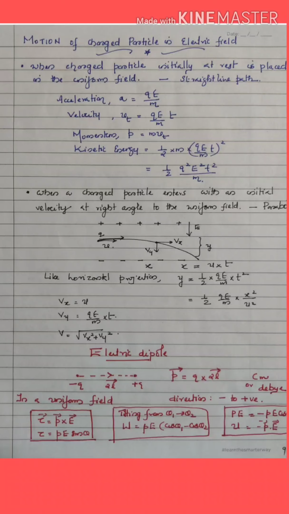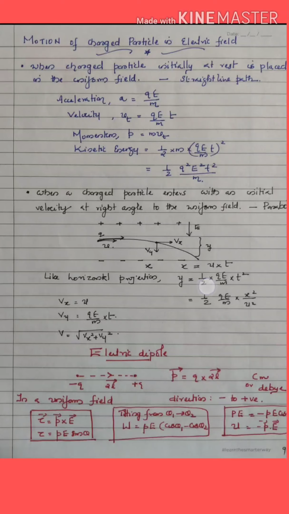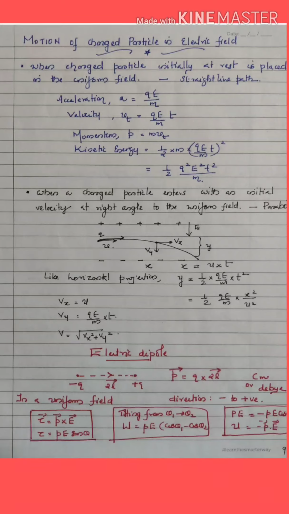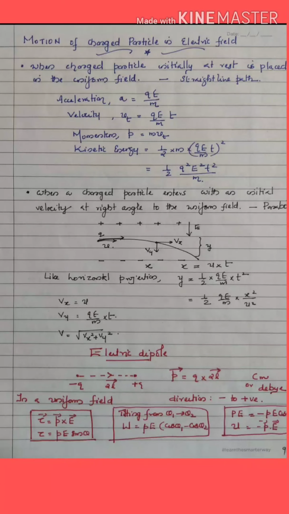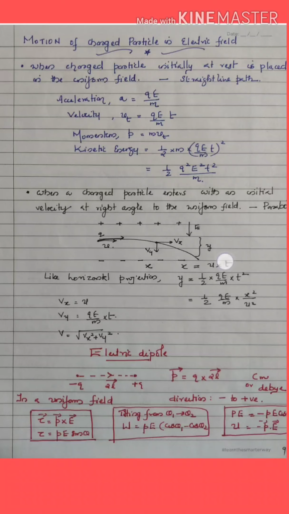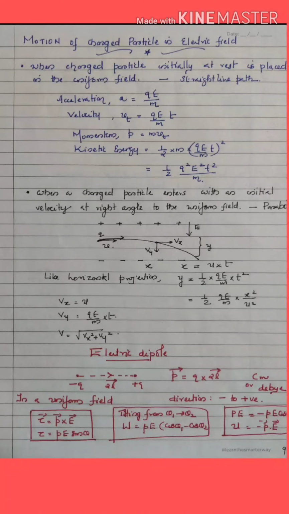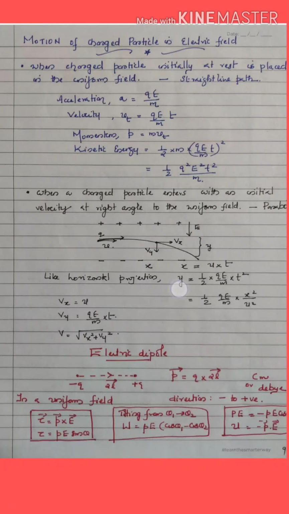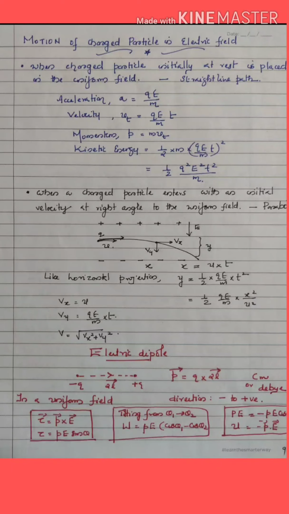There is no acceleration horizontally, so we can write x is equal to ut. But for the vertical displacement, the initial vertical velocity is 0, and hence we can write y as half into a into t square, where a is qE by m. If we substitute t equal to x by u, we find y is proportional to x square. We can say the trajectory is a parabola.